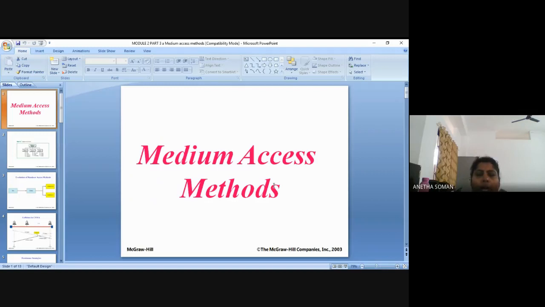Now, in the beginning classes, I told you about multi-point connection. What is a multi-point connection? If many devices, many stations or nodes, share a common link, you can call it a multi-point connection.